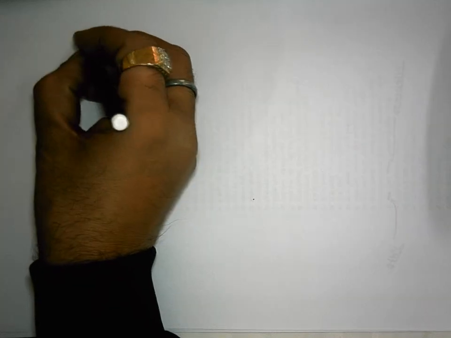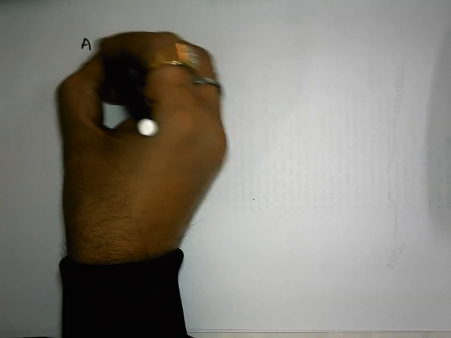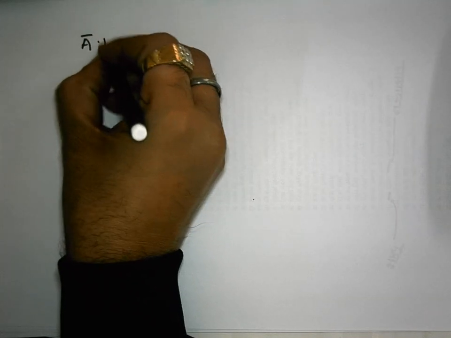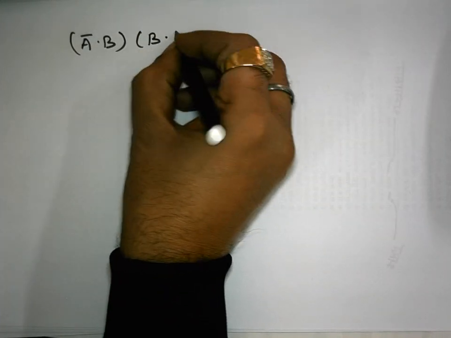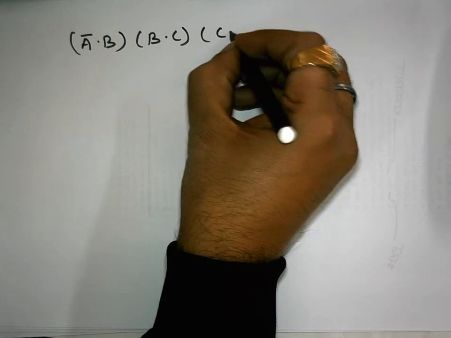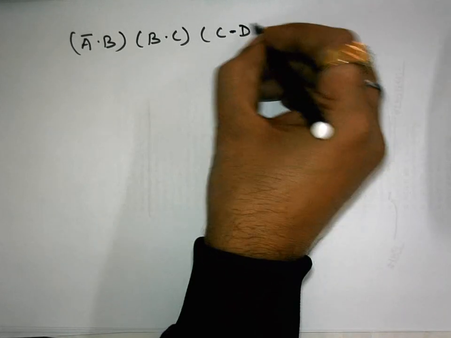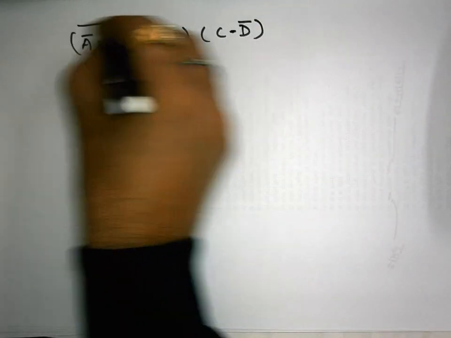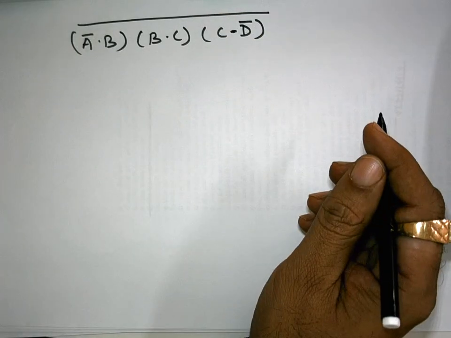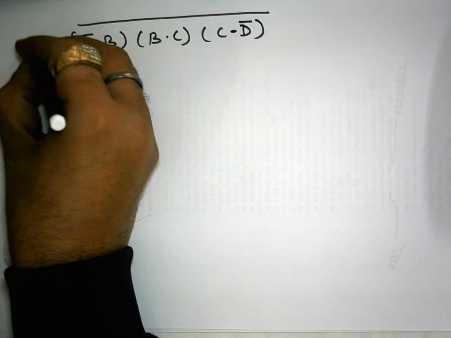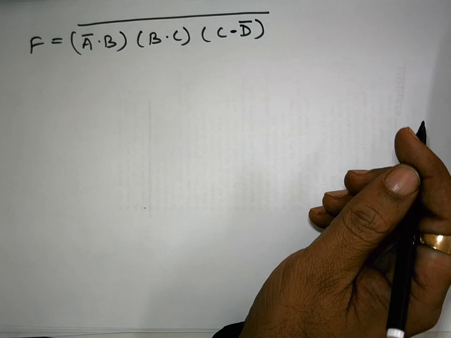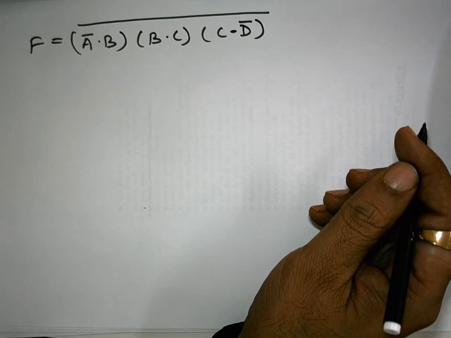Let us apply this: A bar dot B, B dot C, C dot D bar, and whole bar. So we will simplify this expression using De Morgan's law.